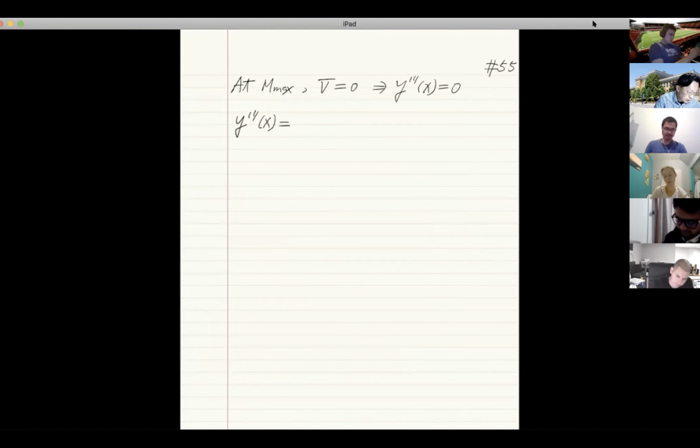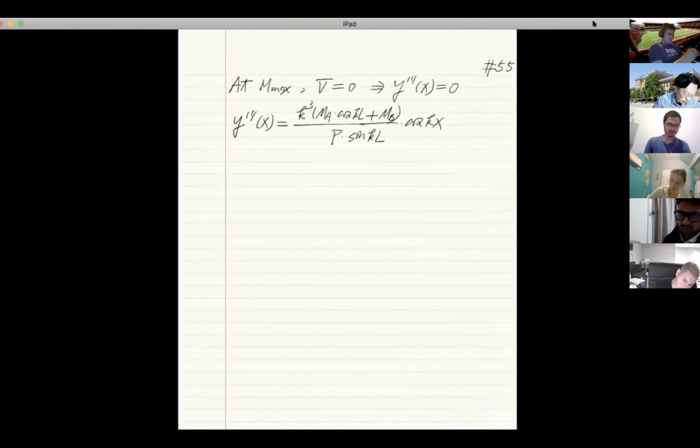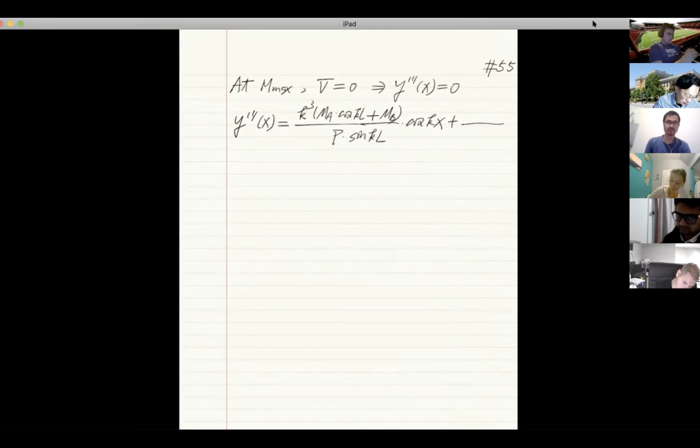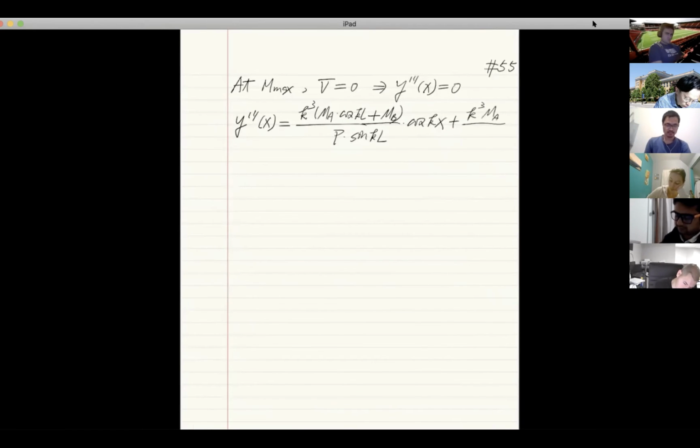This one here is k cubed MA cosine kL plus MB over P sine kL, times cosine kx, plus k cubed MA over P. We still have L here. No L here, right? This will be sine kx. This has to be 0.